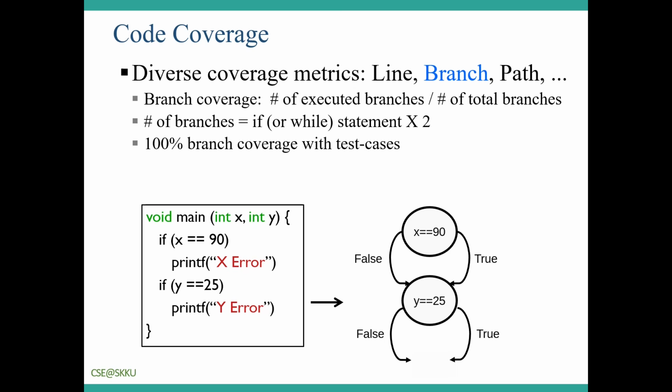In this example, we have two conditional statements, which means a total of 4 branches to cover. So here's the next question. What's the minimum number of test cases needed to cover all 4 branches, and what values should those test cases have?